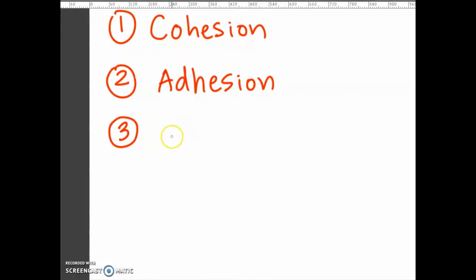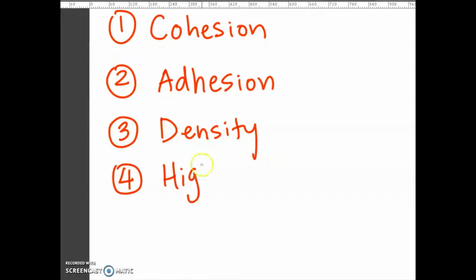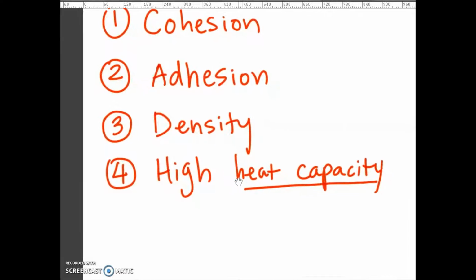It can bond with any other polar item, anything that has a charge. This is also going to lead to number 3, high density, where ice is less dense than water. Ice will float. Number 4, it has high heat capacity, where heat capacity just means how much heat you can take, how much heat you can store.